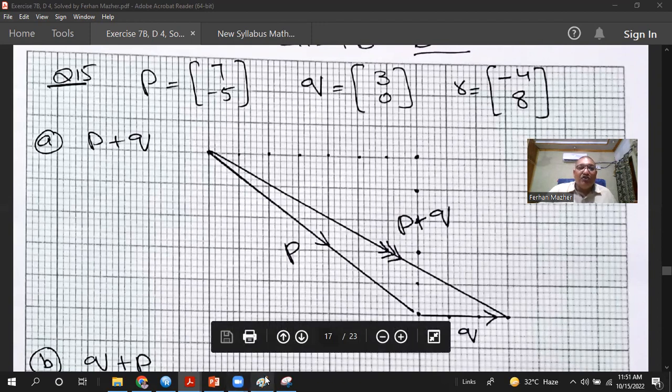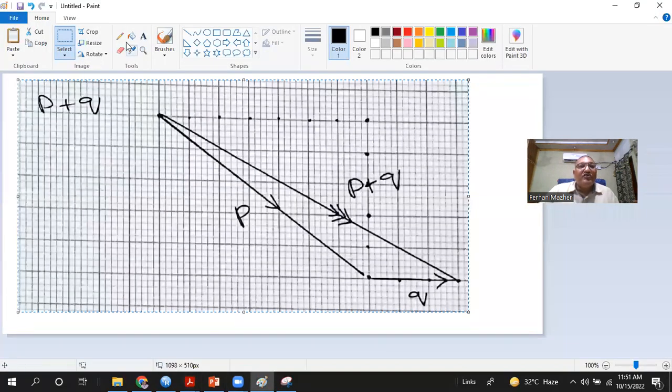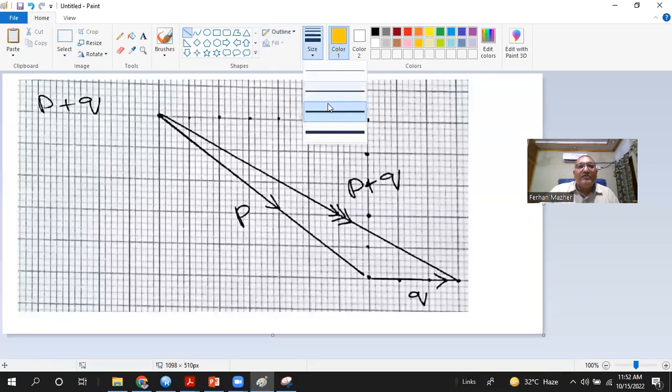Okay, so let me show you on the paint how this is done. First of all, you will draw the P. This is the P. Then you will draw the Q. The Q will be such that the Q and the P are joined together like this.